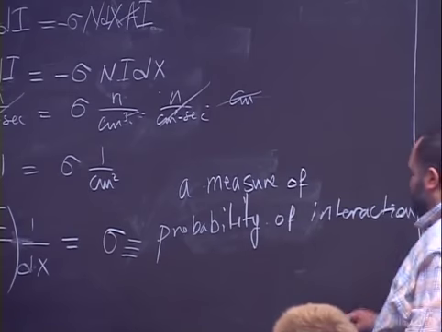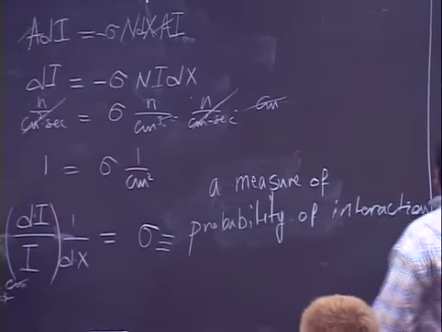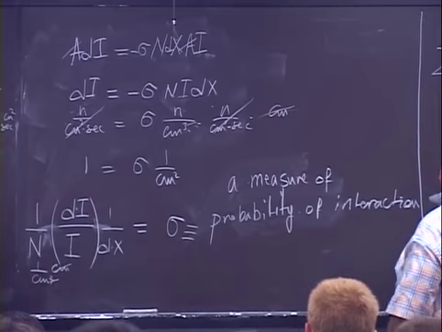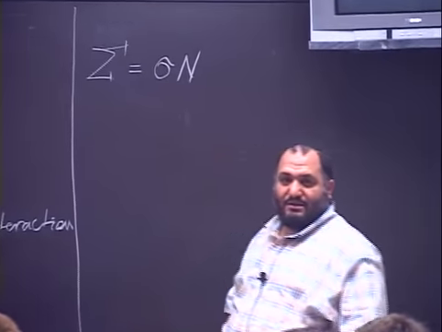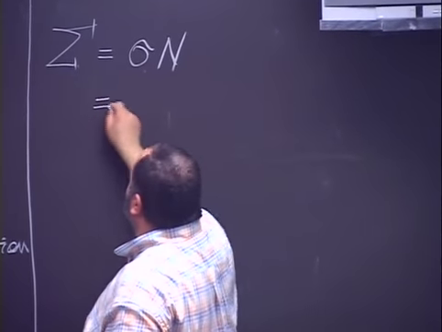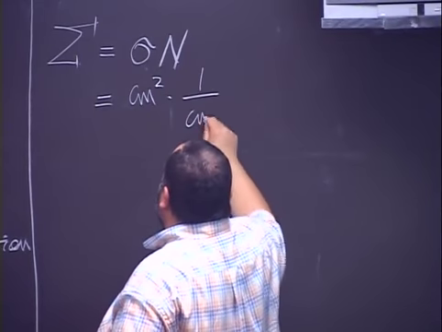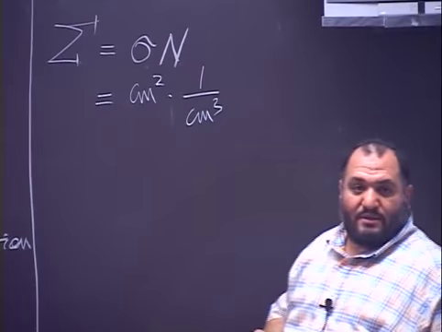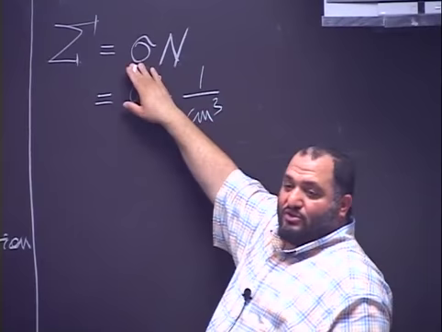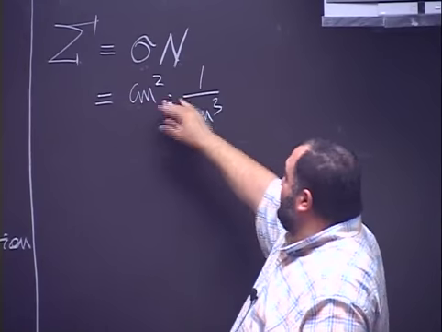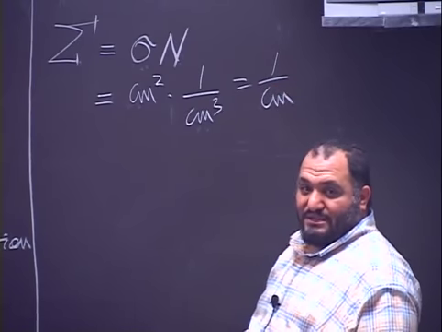Okay. There is one more definition, which is when we multiply sigma by n. So sigma, what's the unit of sigma we just stated? Centimeter square. What's the unit of n, capital? Atoms or nuclei per centimeter cube. But the cross section is what? Centimeter square. So what's the unit? 1 per centimeter.